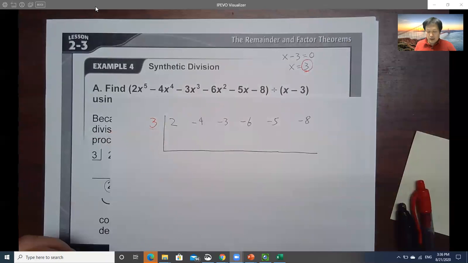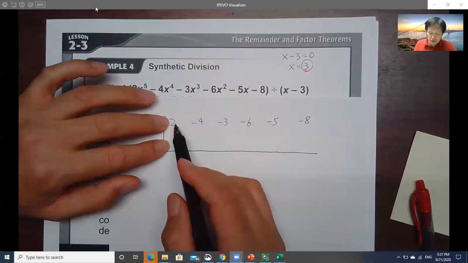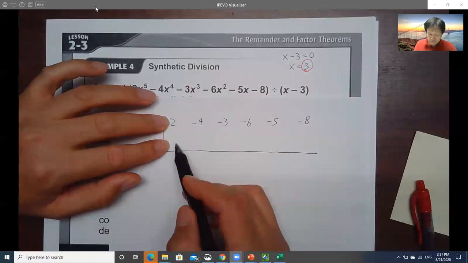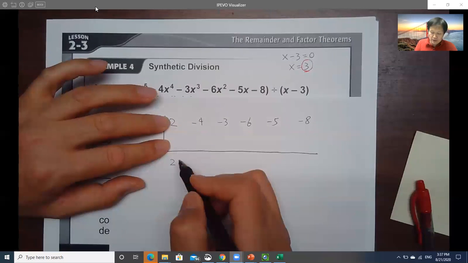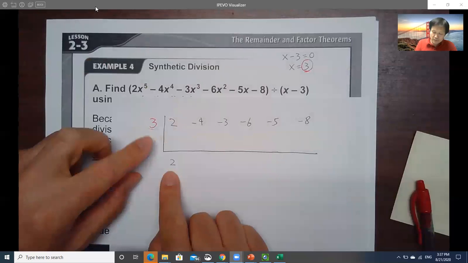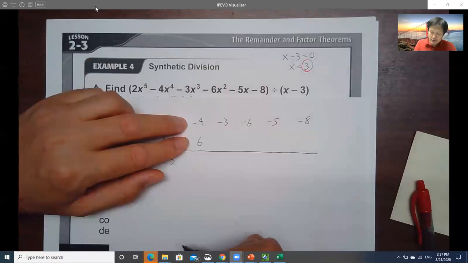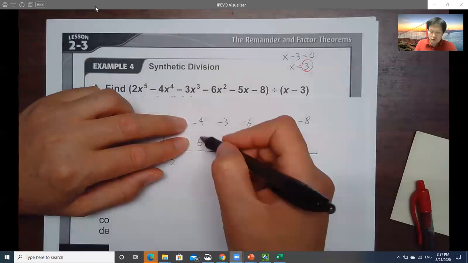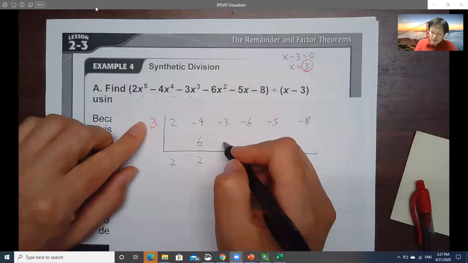Then you might say, what do I do? Very easy. Add inside. 2 plus nothing, nothing to add. 2 plus nothing is just 2. Okay? Add inside, multiply outside. 2 times 3, 6. Add inside, add. That should be 2. Multiply. 3 times 2 is 6.